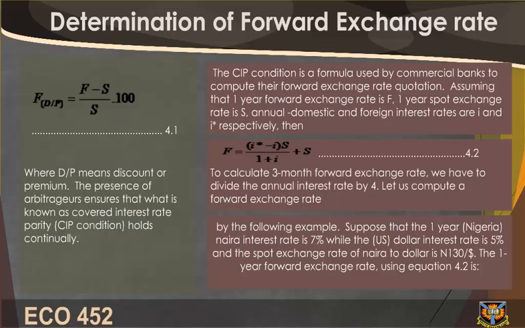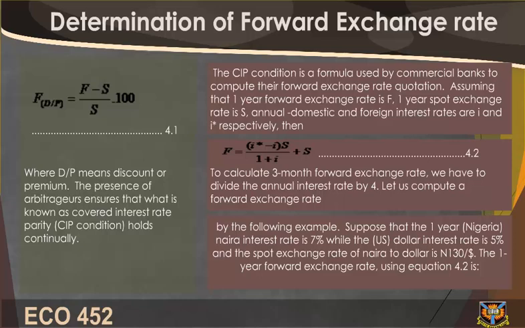Then, to calculate 3-month forward exchange rate, we have to divide the annual interest rate by 4. Let us compute a forward exchange rate. By the following example, suppose that the 1-year Nigerian Naira interest rate is 7%, while the US dollar interest rate is 5%, and the spot exchange rate of Naira to dollar is 130 Naira per dollar.